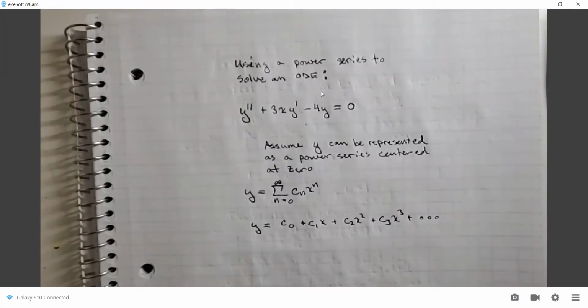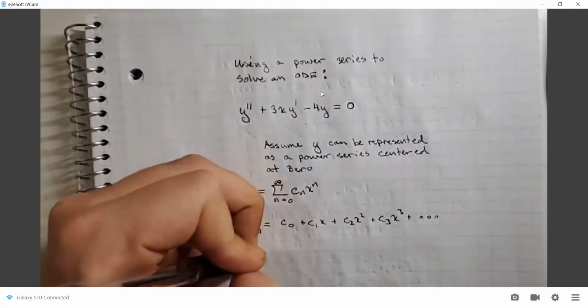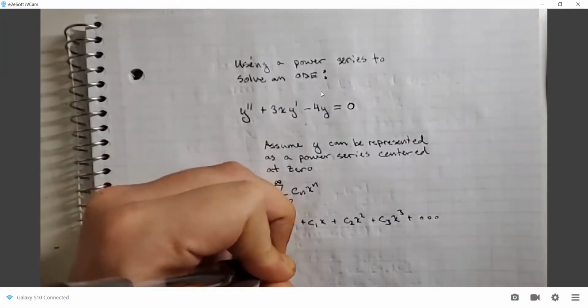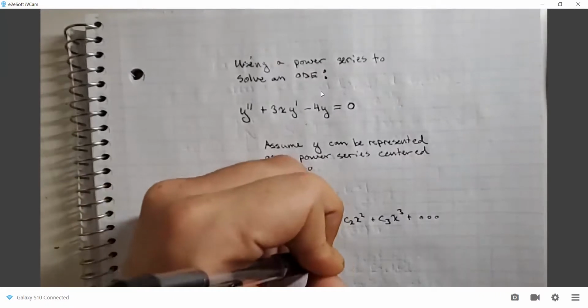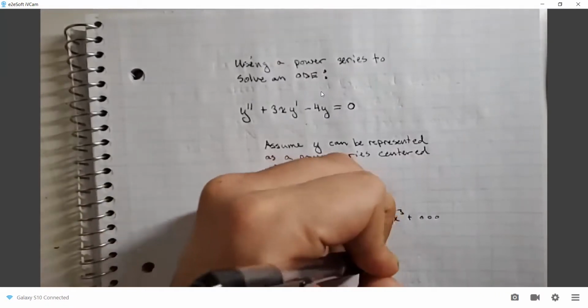And the idea is what we usually call our arbitrary constants, so the c0 and c1 are the arbitrary constants.